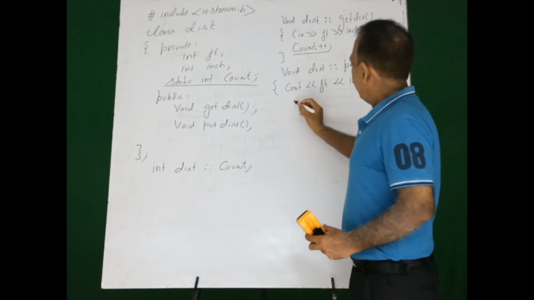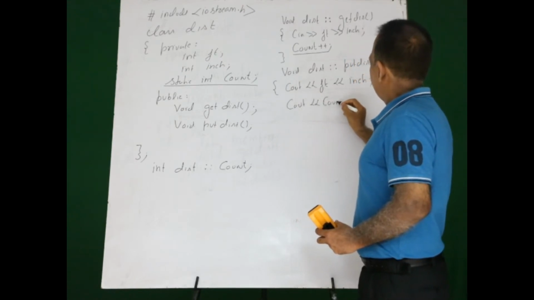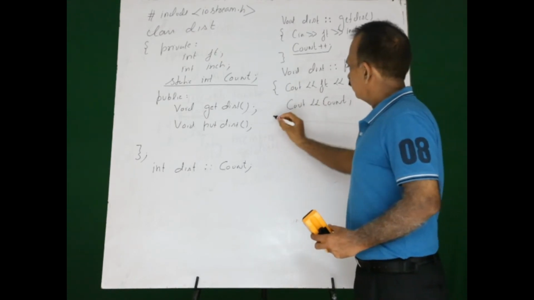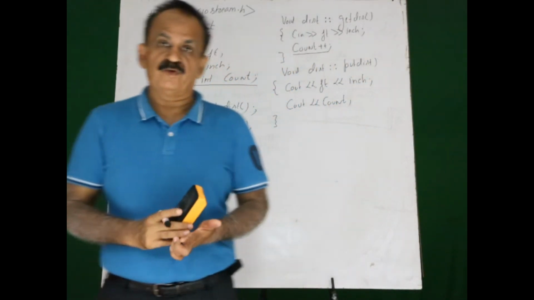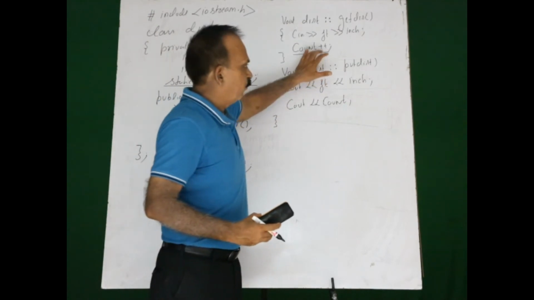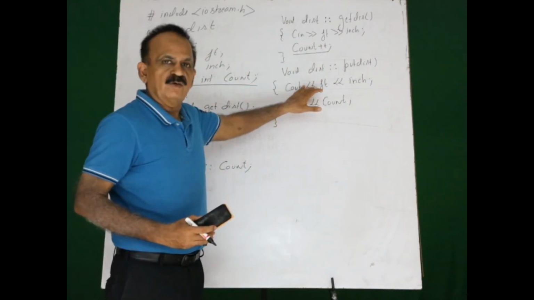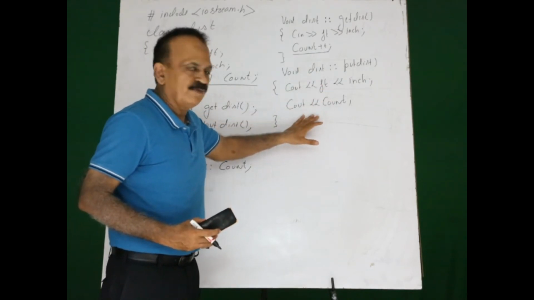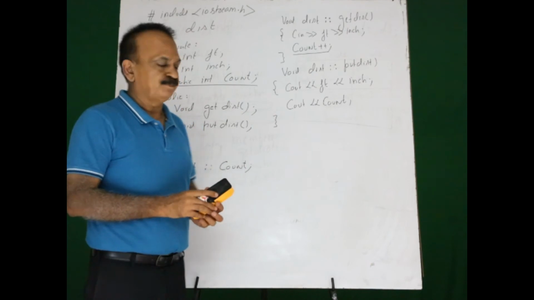And say I write here cout the value of count. Now in the input function I incremented the value by 1. In the output function I displayed the distance, and along with it I displayed the value of the variable.